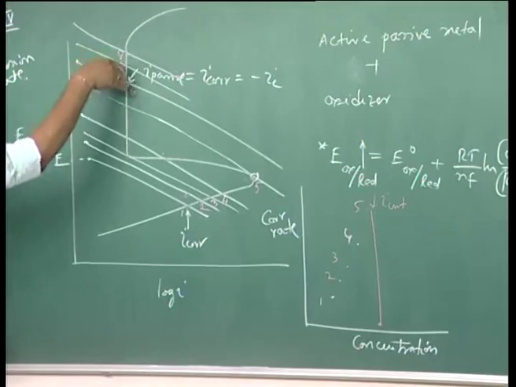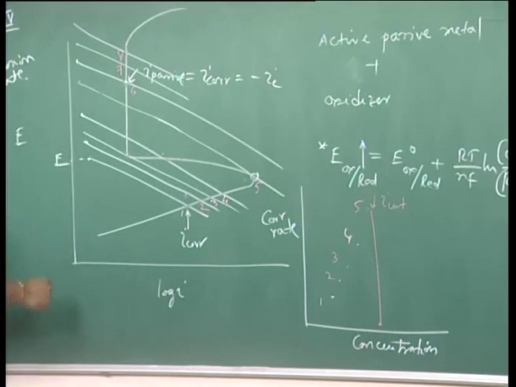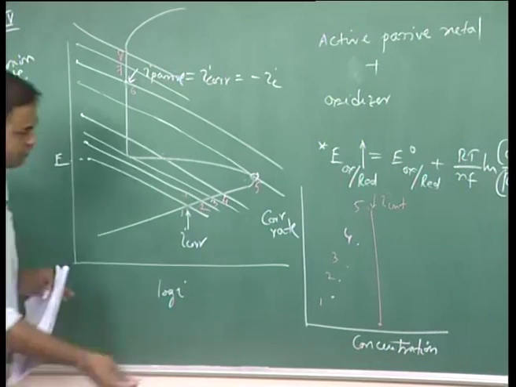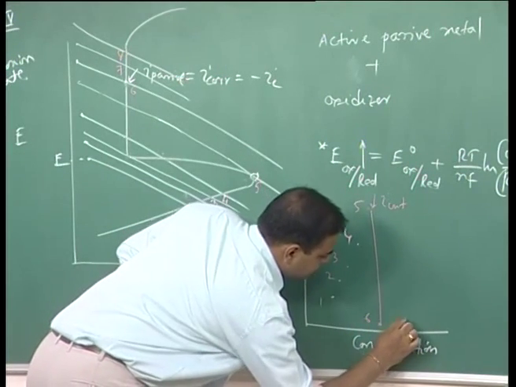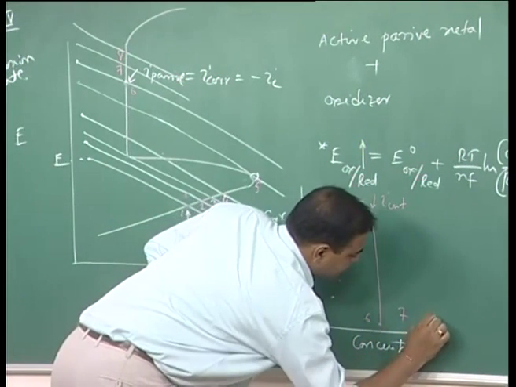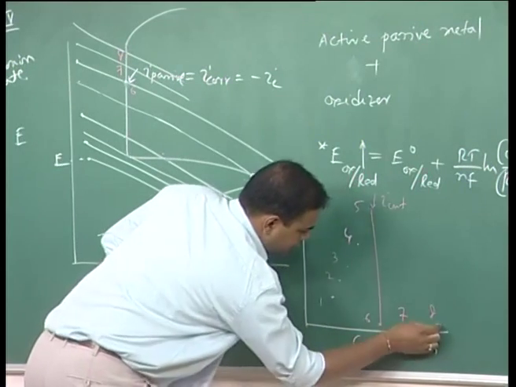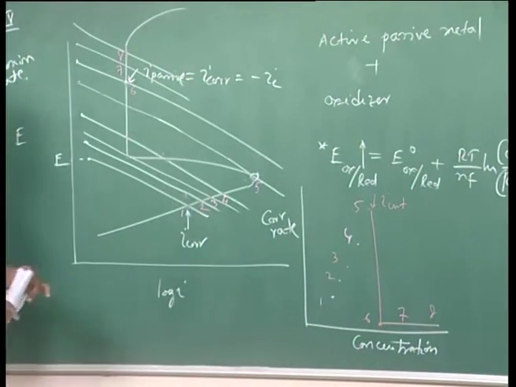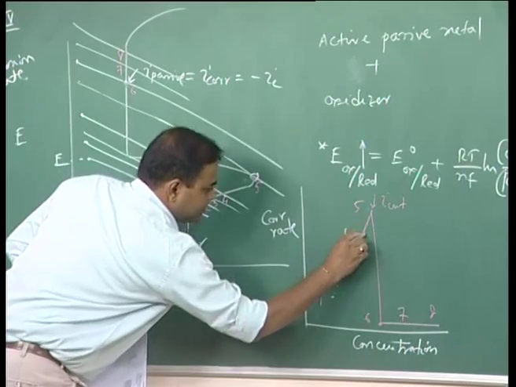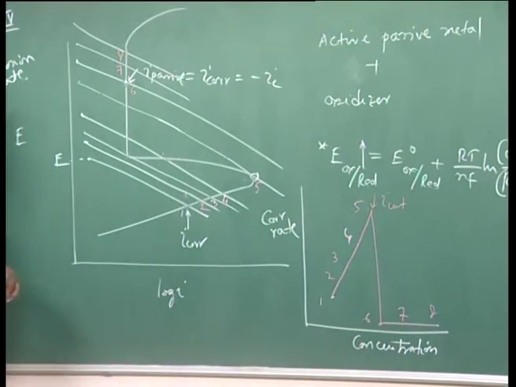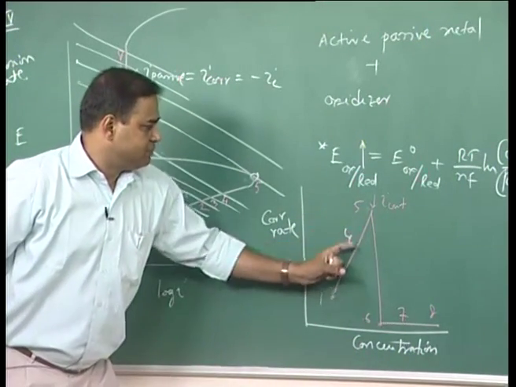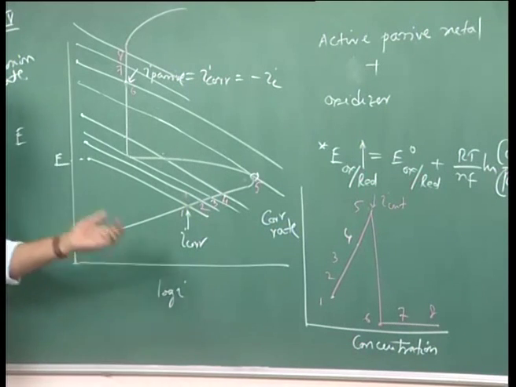I am not changing the current because it is on the vertical line with respect to the log I axis. So, this is my 6th point, 7th point, 8th point. I connect all those points, and I see that my corrosion rate varies like this if you have started with a freshly prepared surface.